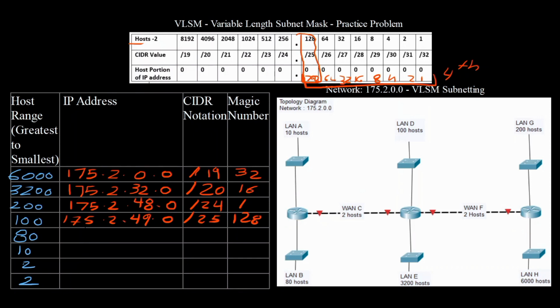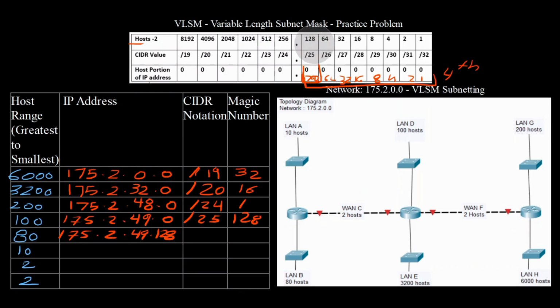So the next IP address is 175.2.49.128. So 128 is, as you see just now, in the fourth octet because we already work within the fourth octet. So the magic number is on the fourth octet.